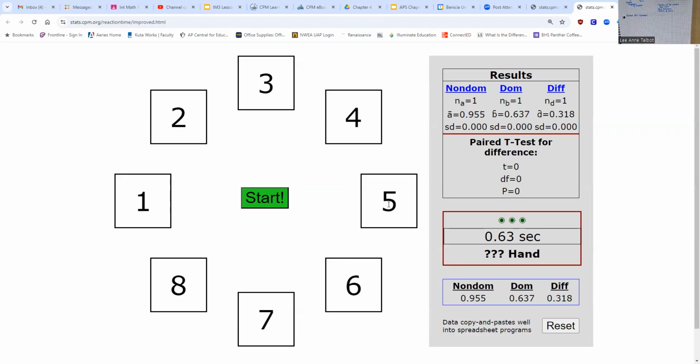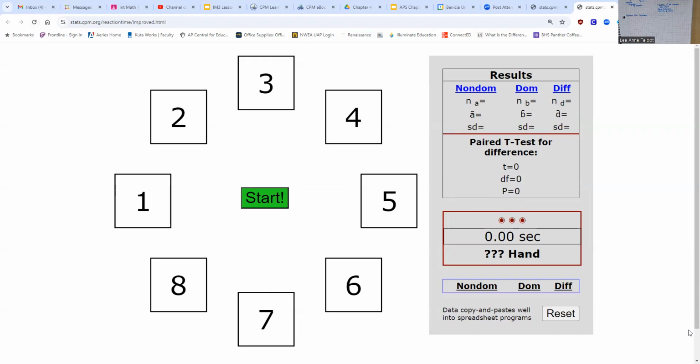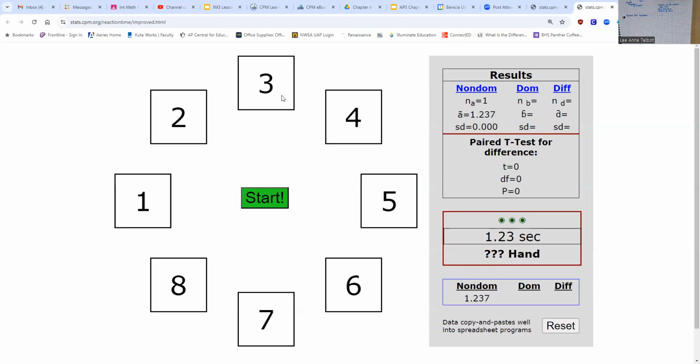Okay. Do you want to watch me do it again? Okay, so I'm clicking start. It says non-dominant. I put my non-dominant hand on. Okay. Then I click start.